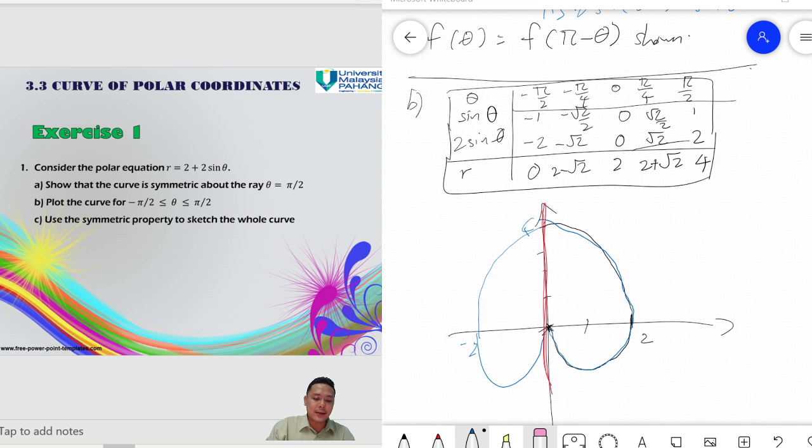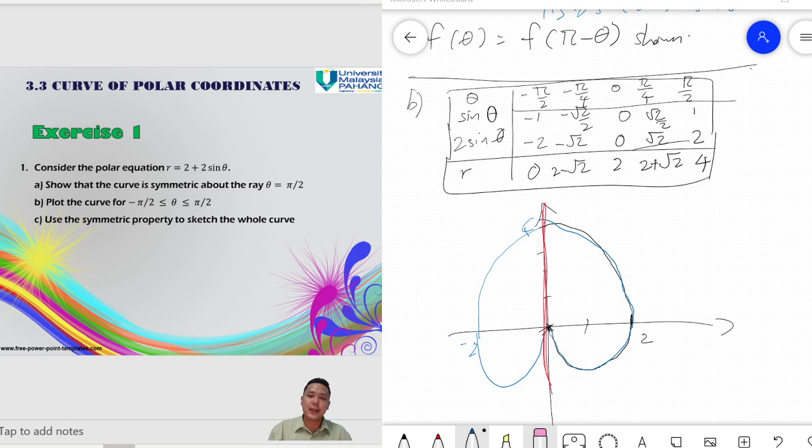Alright, I think that's all about the first three curves of polar coordinates. You know first how to plot it. Know the basic forms first: you have a straight line, you have a circle, a plus or minus cos or sine, and then you must know the basic form of the cardioid.